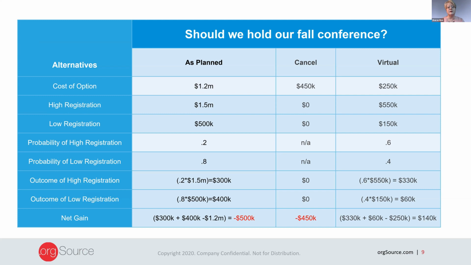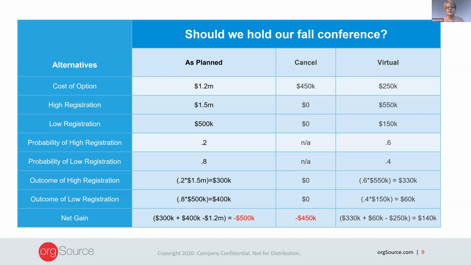So now let's look at the outcomes. The formula essentially is that we take the probability, in this case 0.2, multiply that by our high registration estimate, and you can see that we come up with $300,000 here. Same thing with the low registration.